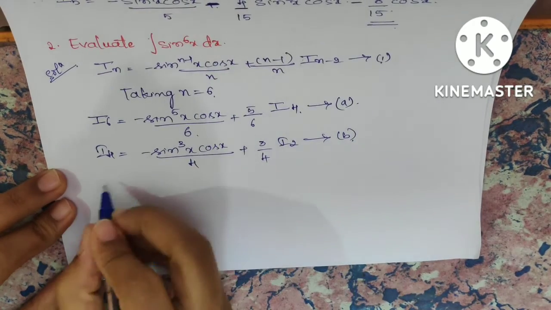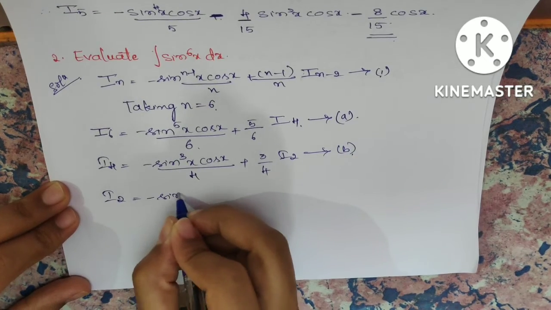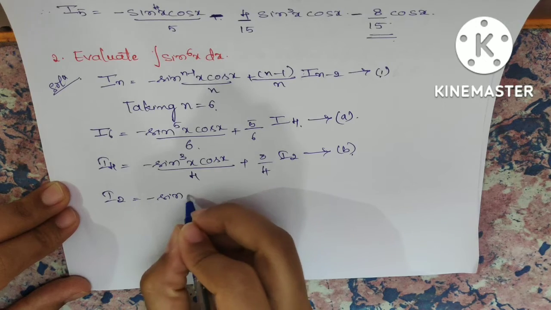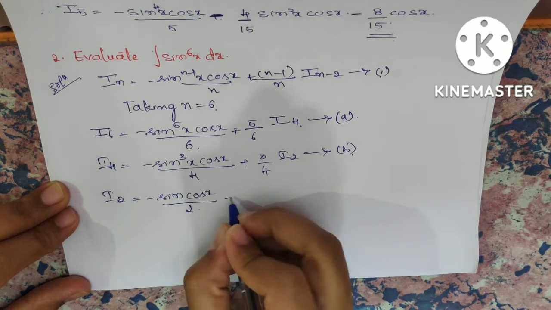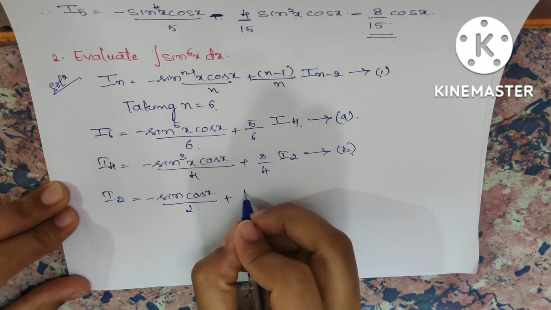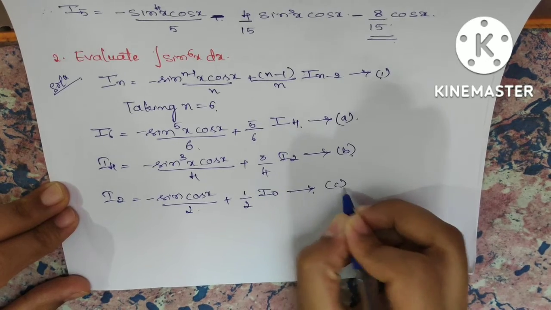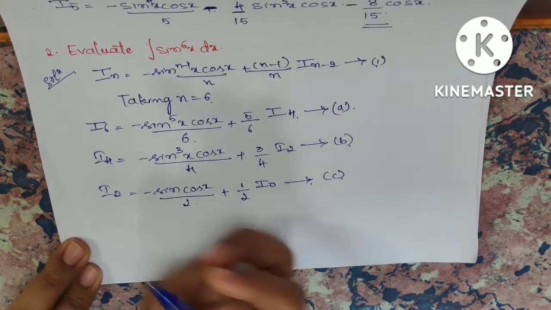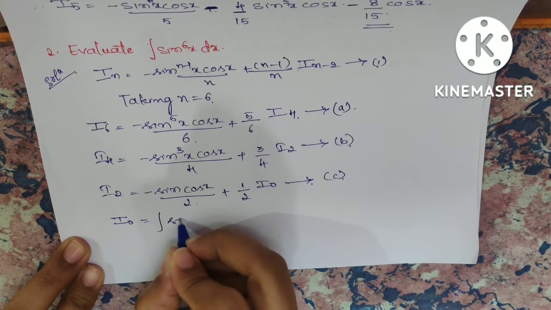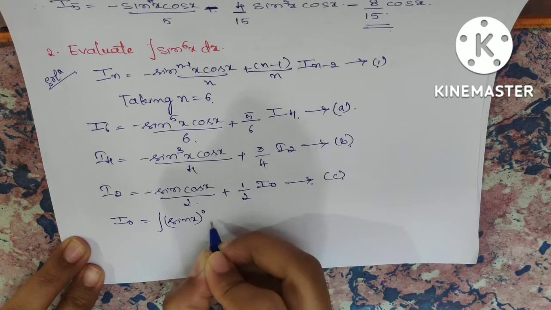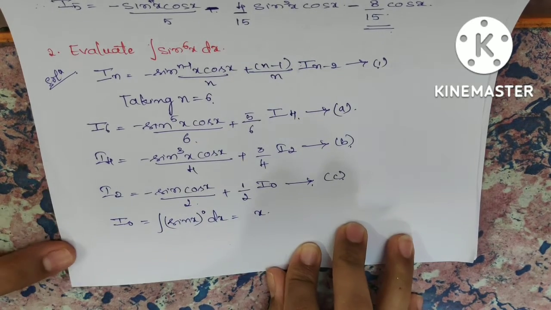Now we have to find I2 here. So I2 equals minus sin 2 minus 1 is 1, cos x divided by n is 2, plus 2 minus 1 is 1 by 2 I naught. Let it be equation C. Here I naught equals integration of sin x power 0 into dx, which is x.